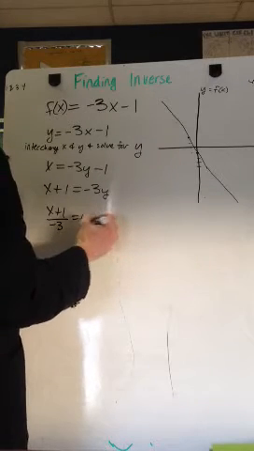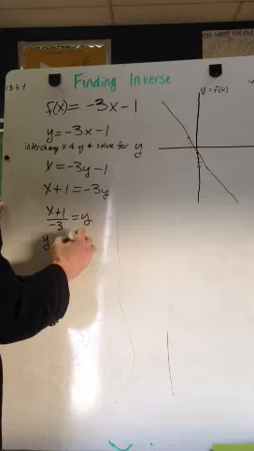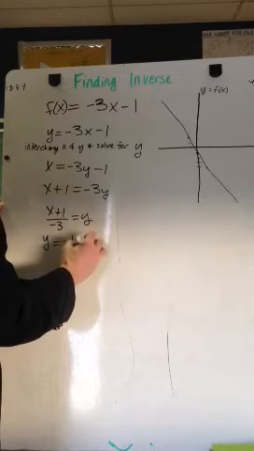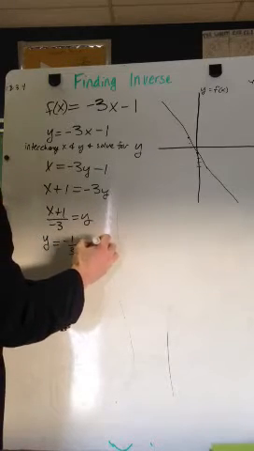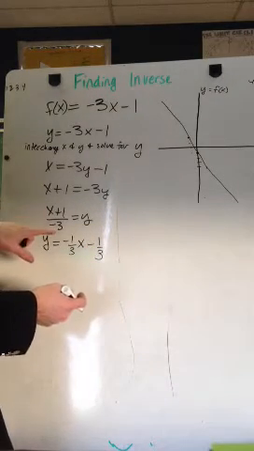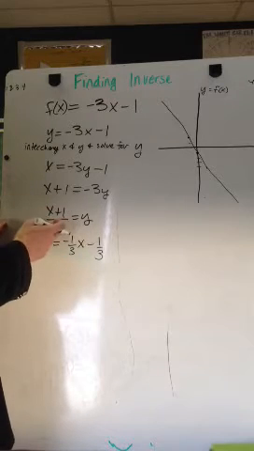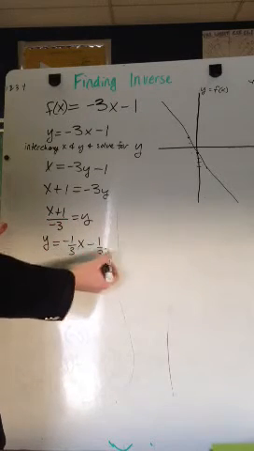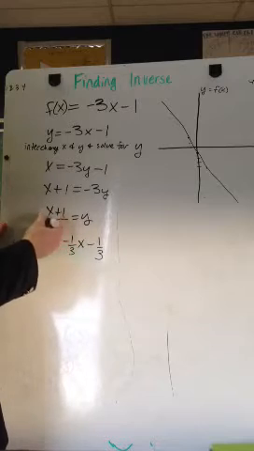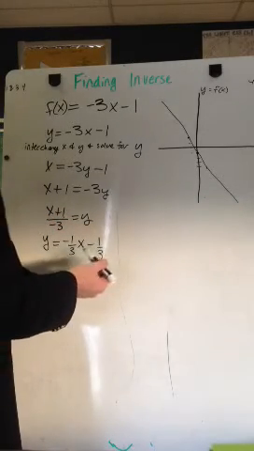Which I'm going to rewrite in a neater form, -1/3 x minus 1/3. I can do that because if the numerator has two parts and we have a single denominator, I can divide each part by the denominator. It has two different numbers.